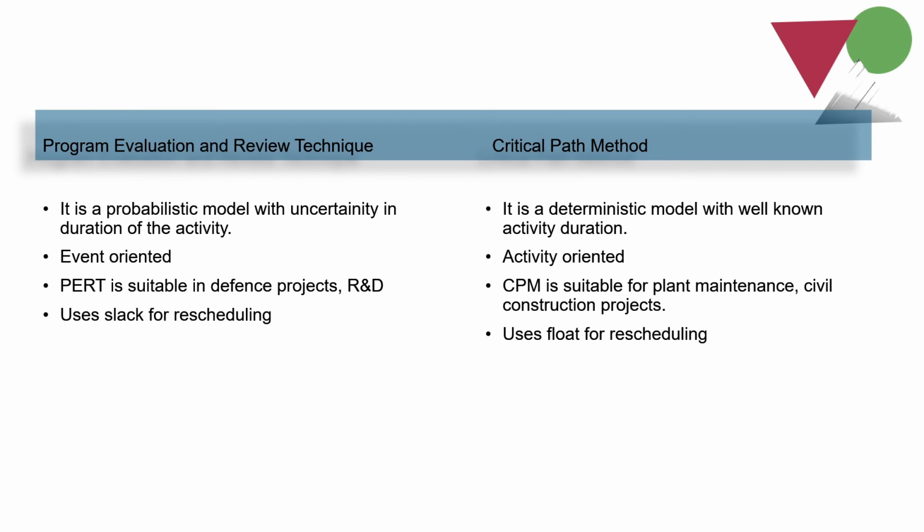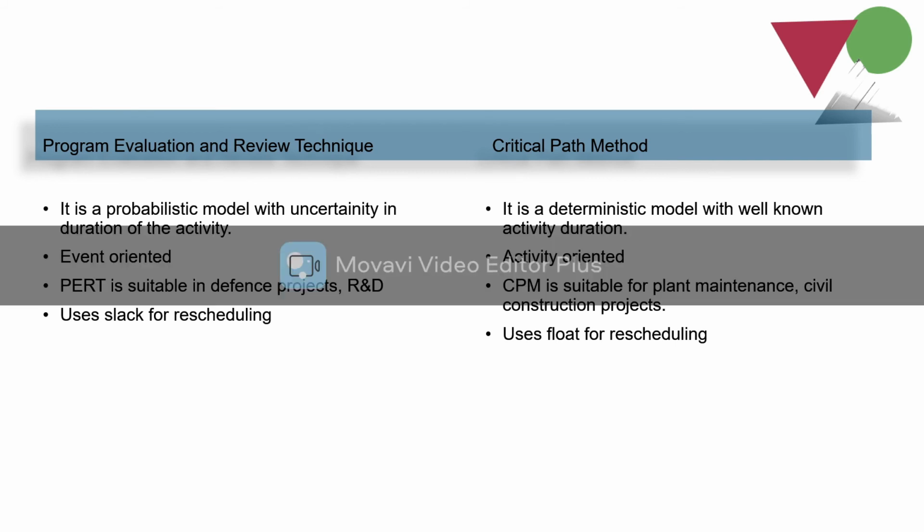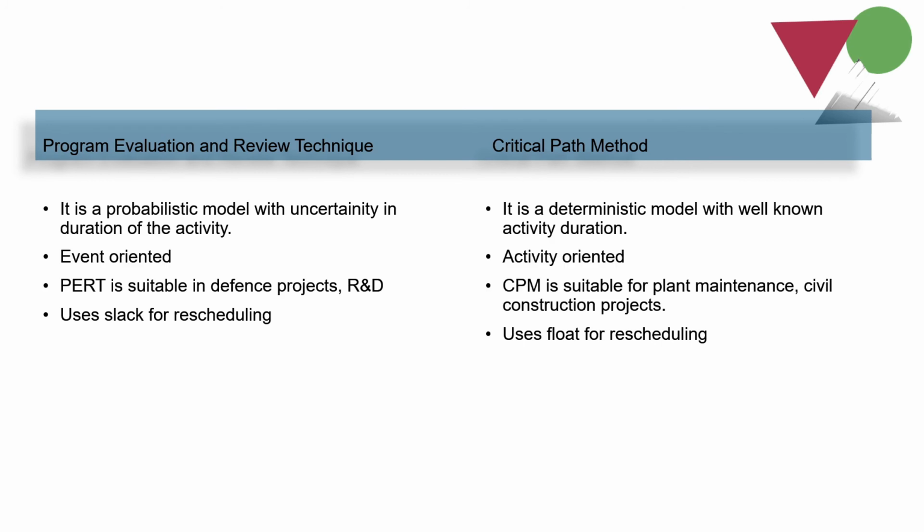PERT is event oriented, whereas CPM is activity oriented. PERT is suitable in defense projects, research and development. CPM is suitable for plant maintenance and civil construction projects. PERT uses slack for rescheduling, whereas CPM uses float for rescheduling.